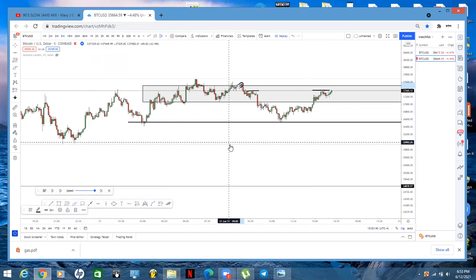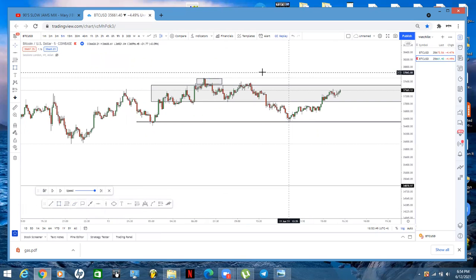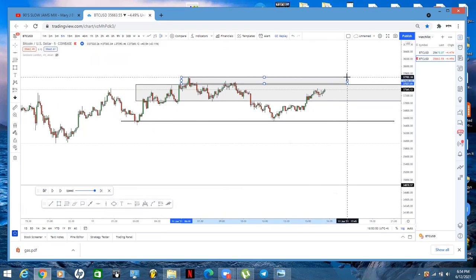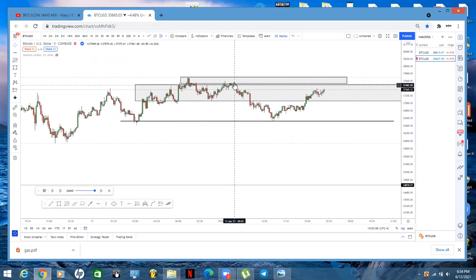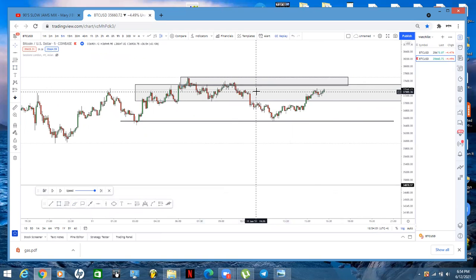And also look at this order block right here. All right, so that is also an order block right there. So those two order blocks right there are your relevant order blocks on a smaller time frame.